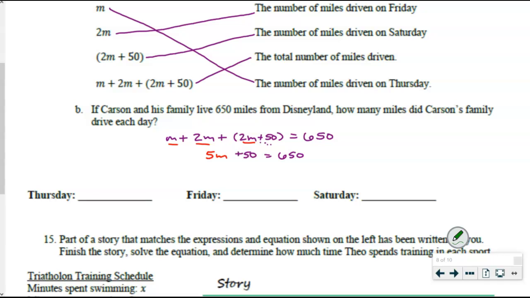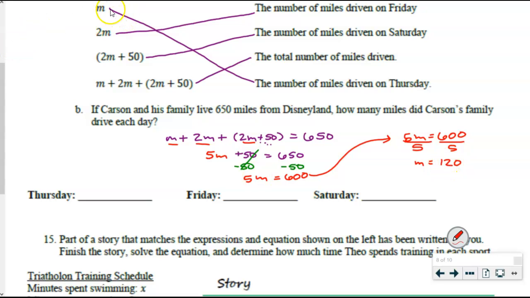And now we've turned this into just a two-step equation where I can subtract 50 from each side and get 5M is equal to 600, which I then am going to divide each side by 5 to figure out that M is equal to, yes, thank you, Trace. Fantastic, 120.